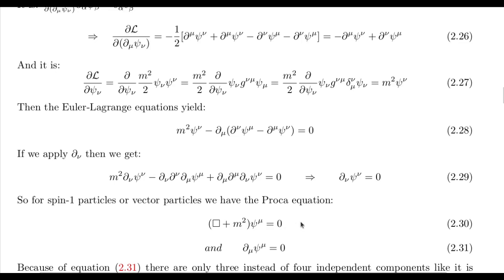Then this 230, that is the so-called Proca equation for spin 1 particles. That should be clear from relativistic quantum mechanics. And here we have 4 components, but we only need 3 independent components. So we have an additional condition. And so indeed we have 3 independent components for spin 1 particles.